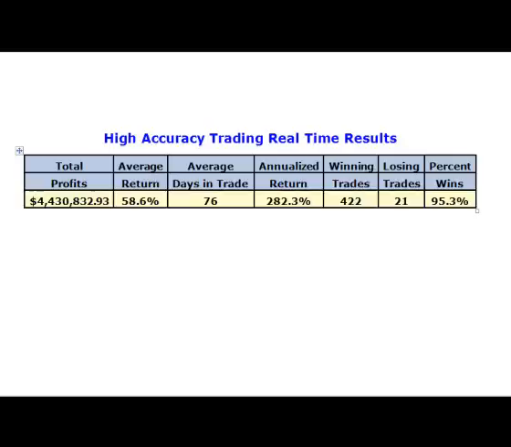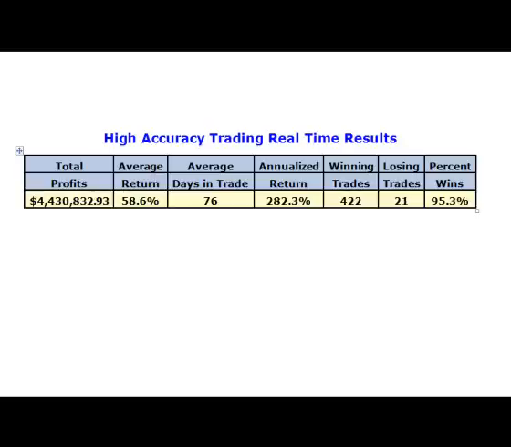Despite these difficult market conditions, my high accuracy trade selection process for stocks and options has produced over $4.4 million in actual profits over the past 4 years. My brokerage account statements show $4,430,000 in profits with an average return of 58.6%.